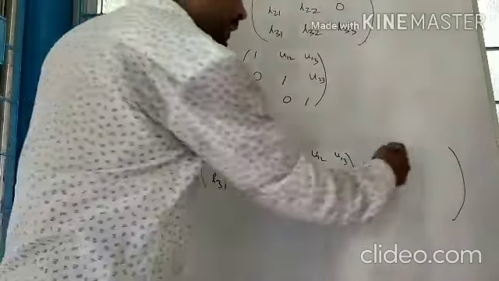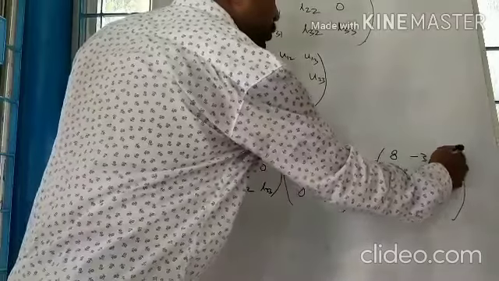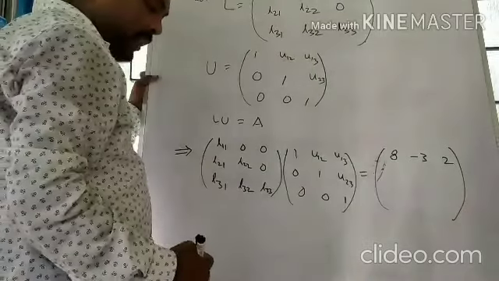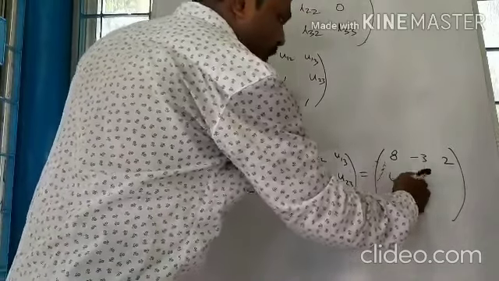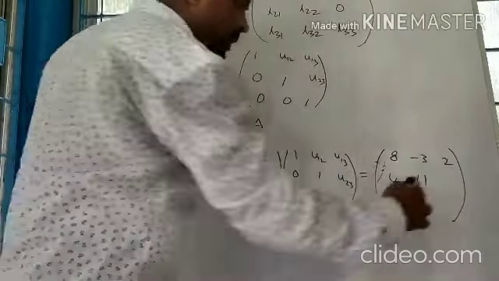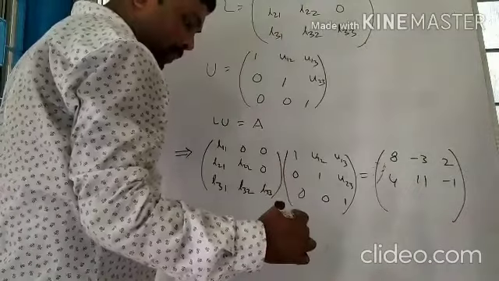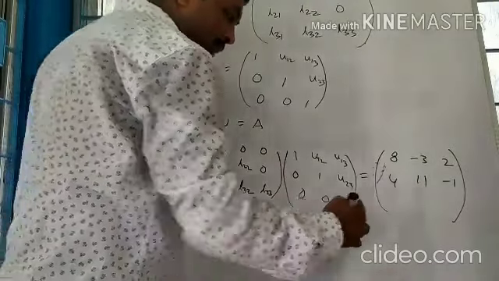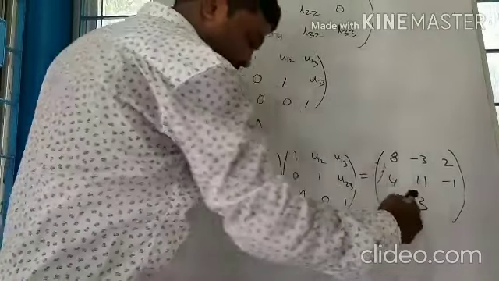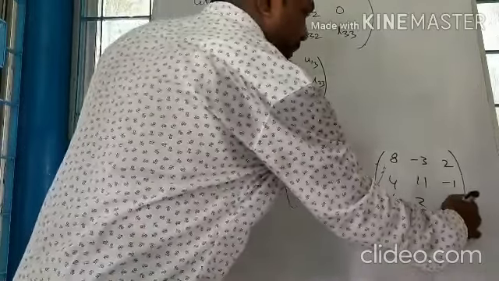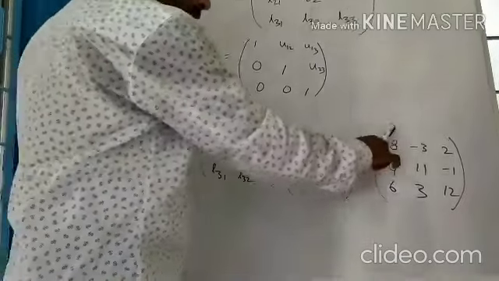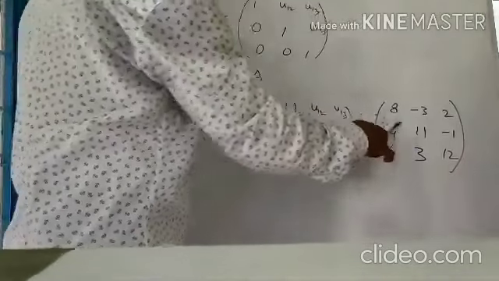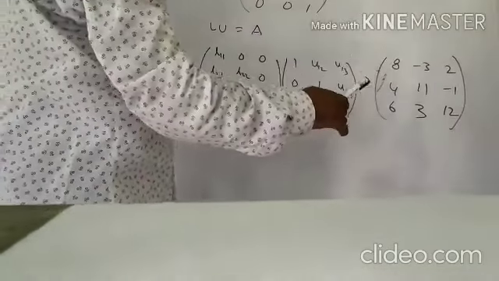Matrix A has rows 8 minus 3 2, 4 11 minus 1, 6 3 12.